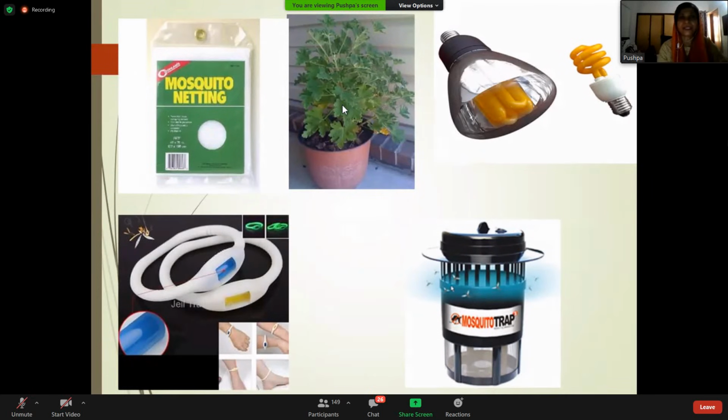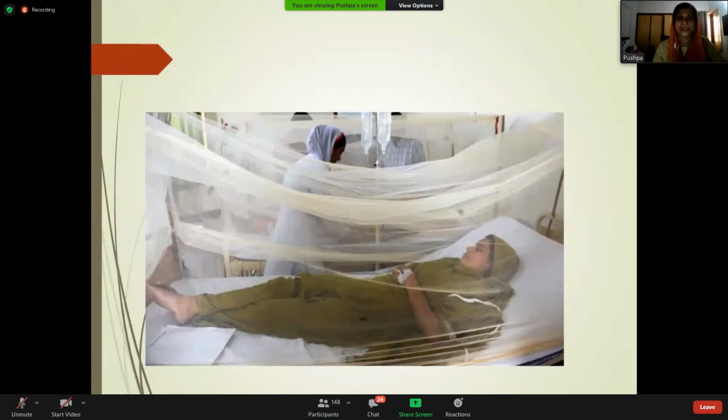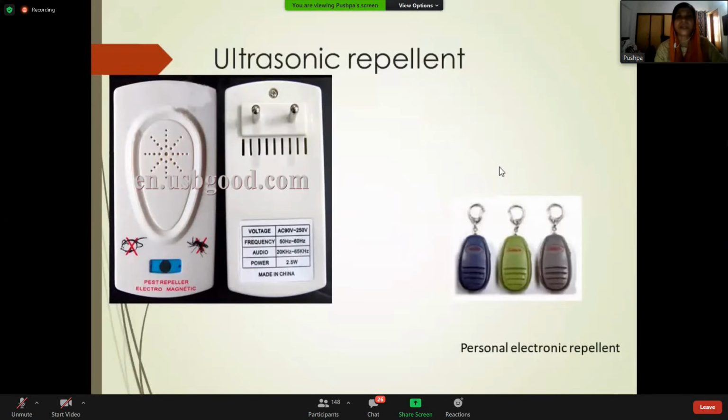There are plants whose smell or fragrance keeps mosquitoes from coming around those areas. And then there are netting, different bracelets, anklets, and ultrasonic repellents also.